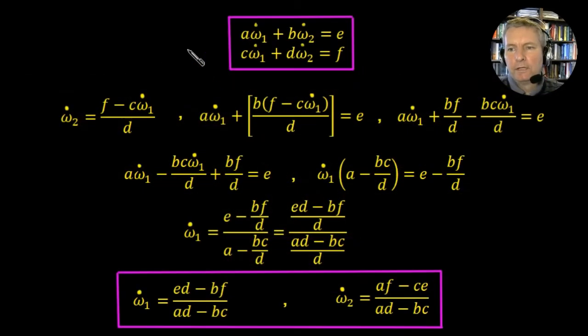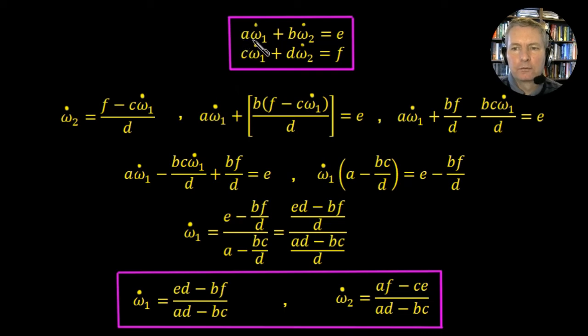So we have our simultaneous equations here. The omega 1 dot and omega 2 dot are on the left hand side, and on the right hand side within the E and the F we've got our omega 1 and omega 2. So we want to solve these simultaneous equations for omega 1 dot and omega 2 dot. So this is just a bit of algebra.